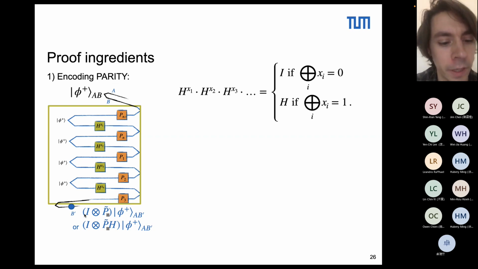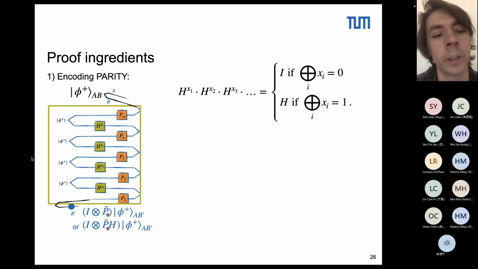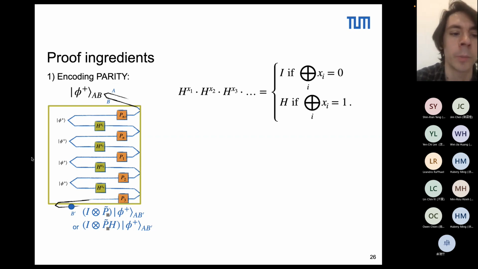And if the number of Hadamard gates was odd, then it's going to look like the second one. And here it's important to note that computing this Pauli noise is as hard as solving the original parity problem of computing how many Hadamard gates there were.